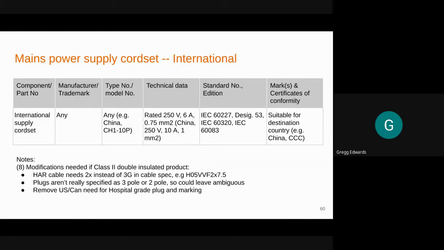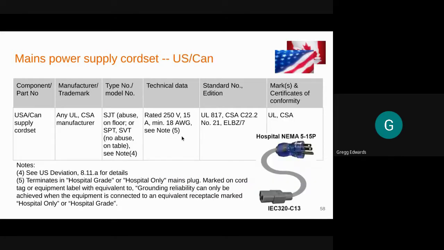Greg, you were going to say something? Yeah, that power cord. I had Canadians tell me that, for a product rated 100 to 240, that plug cap needs to be rated 250 volts. I have yet to confirm that, but do you see where they're going with that?